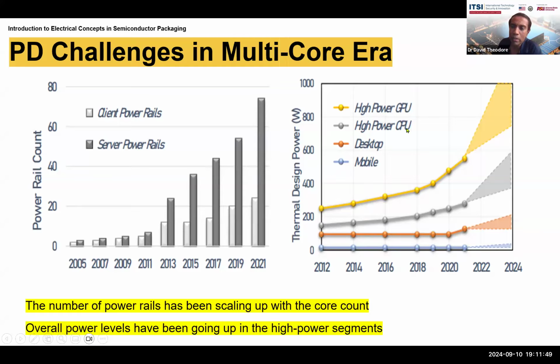High power central processing units, that's the gray numbers here, are increasing to a ballpark of about 300 watts, but projected to go higher. And the high power graphics processing units, as you know, are chips used specifically for image processing, and they are typically much more powerful than a central processing unit because images have the highest density of data of things we do.